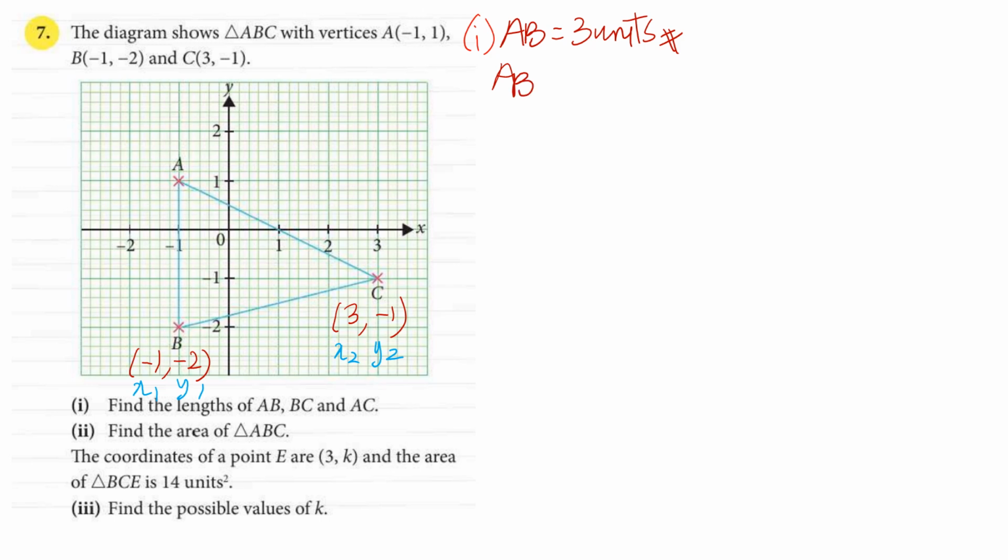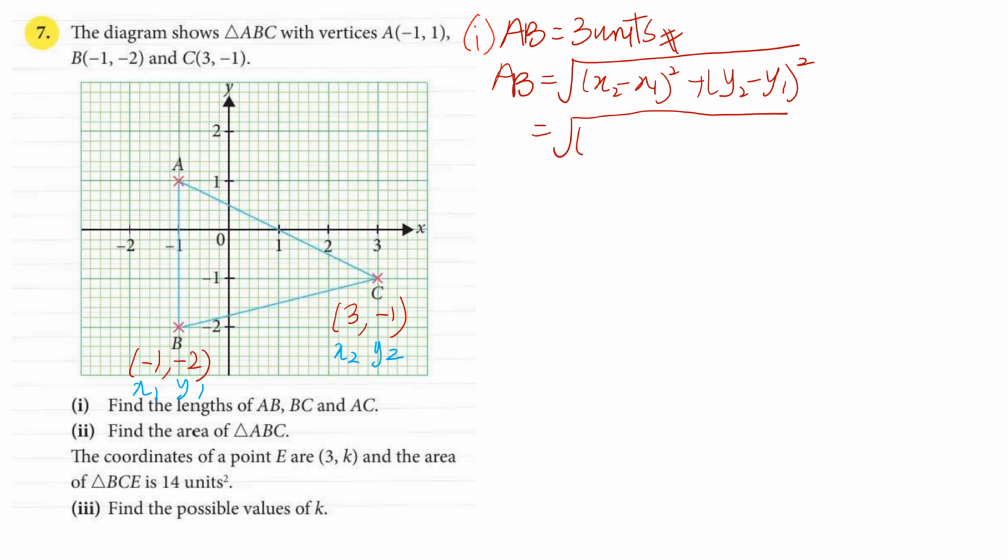So just write down the formula. It will be the square root of x2 minus x1 squared plus y2 minus y1 squared. So x2 will be 3 minus bracket -1, close. Make sure you are careful with the brackets. There should be 2 brackets there because of the negative sign. Y2 is -1 minus bracket again, -2, close, squared.